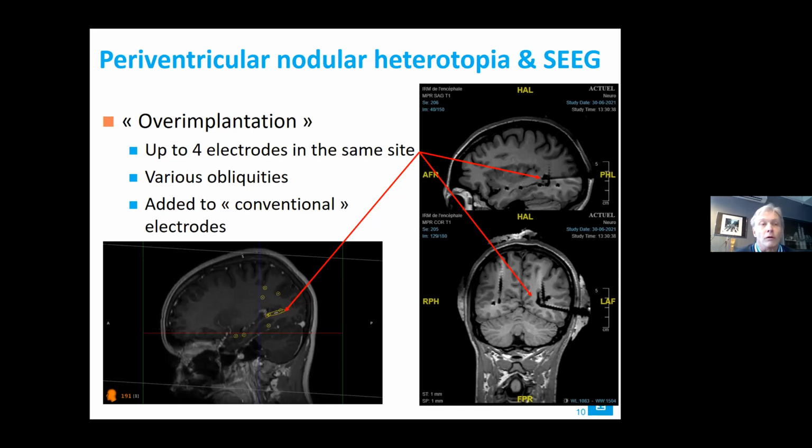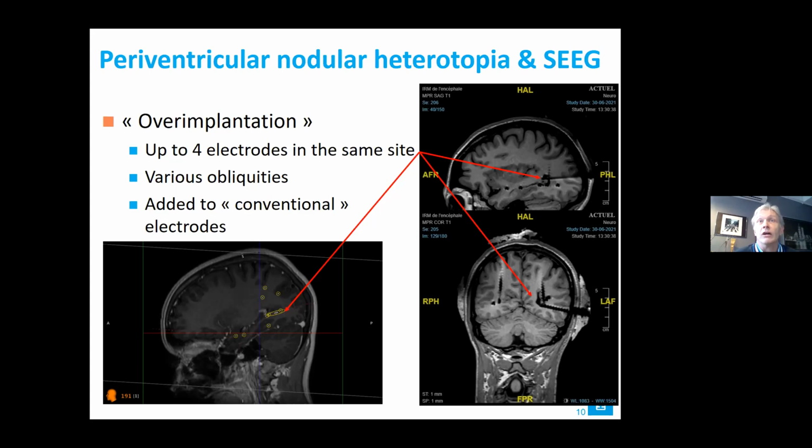So 4 may seem quite few or insufficient. I would say that it is better than nothing, in fact, because this allows to have at least 10 coagulation sites, which can be absolutely appreciable. Moreover, it is possible and it must be done to reach the heterotopia itself by using various obliquities.